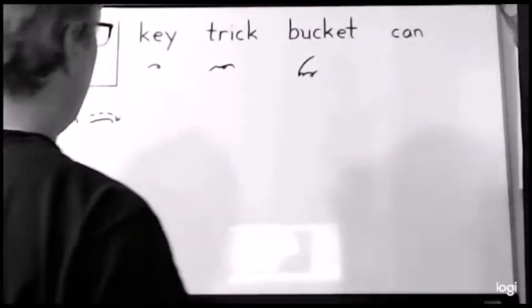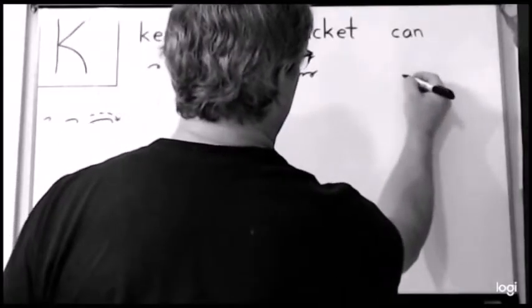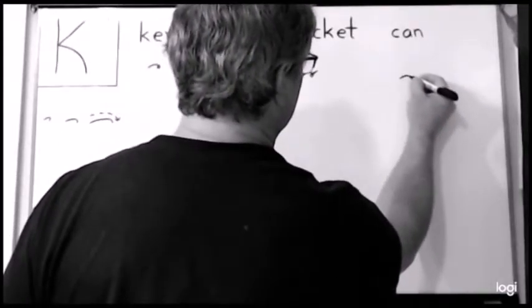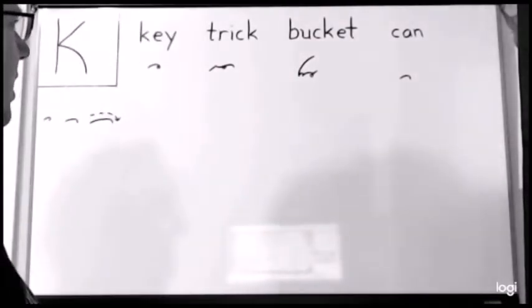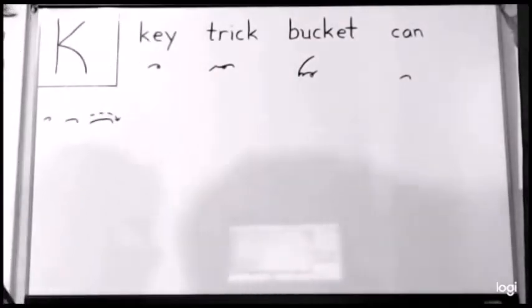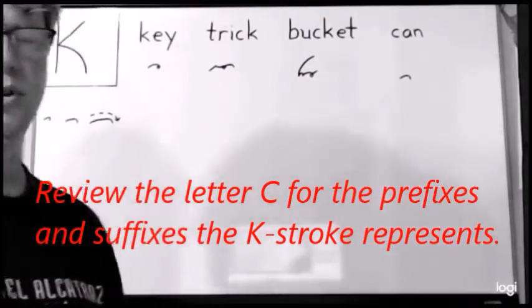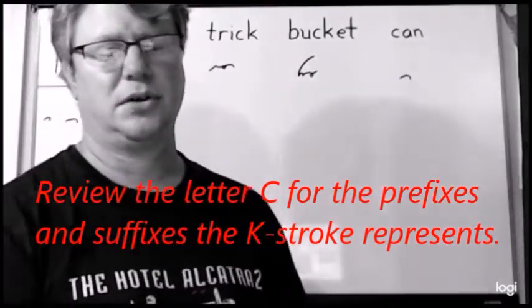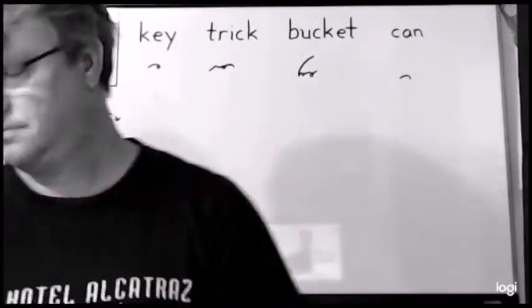Now, by itself, the letter K represents the short form can, like can be or I cannot. The letter K also represents the prefixes and suffixes that we mentioned earlier in this lesson for the letter C.